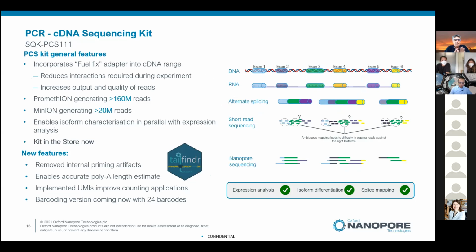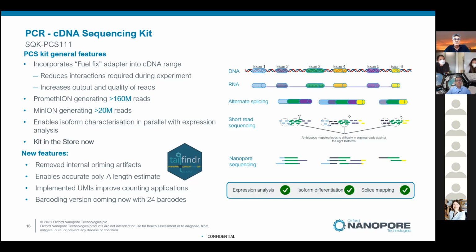As I get to the end of this presentation, this is the newly released PCR cDNA kit. If you've done any transcript analysis with our previous kit, this offers substantial improvements because we're using DNA sequencing in this case of your reverse transcribed RNA. We've been able to take advantage of the improvements in DNA sequencing, and one of those is the Fuel Fix adapter.